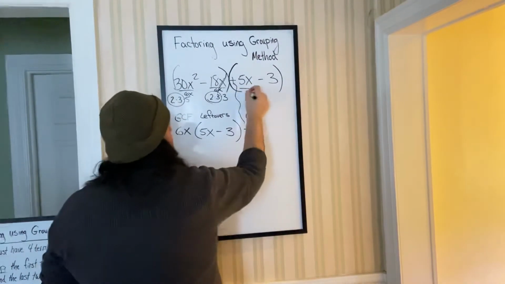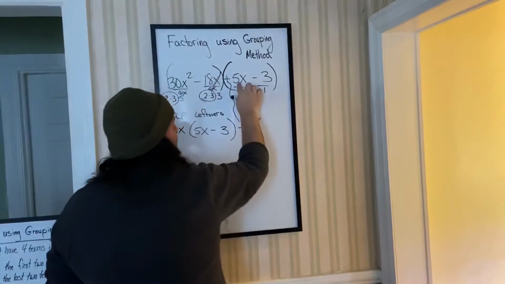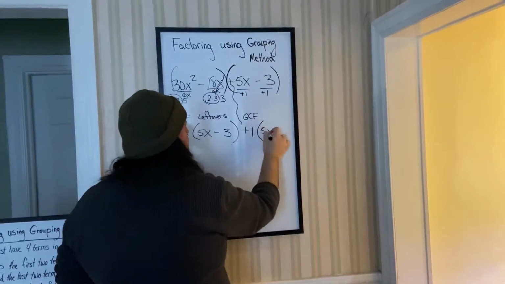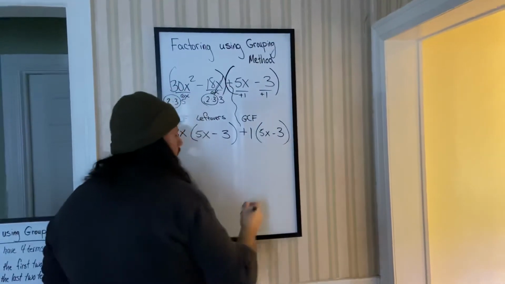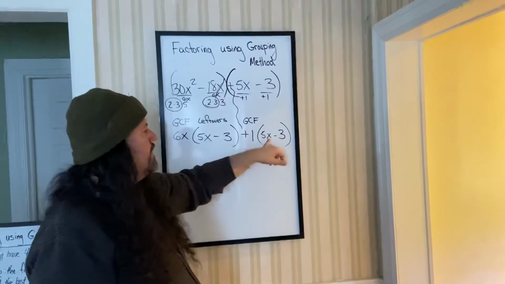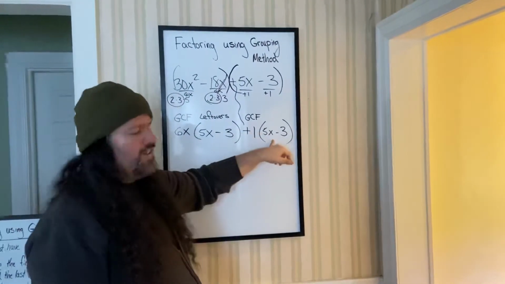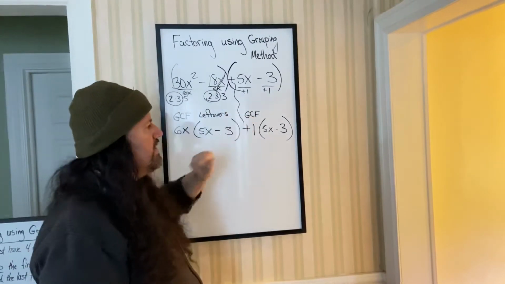If I divide each of these terms by +1, you'll realize it doesn't change. 5x divided by 1 is 5x. -3 divided by +1 is -3. The reason I do this is because notice we do have a matching set of parentheses, and we do have a GCF here, and we do have a GCF here.